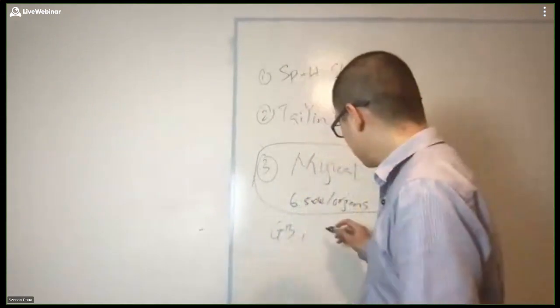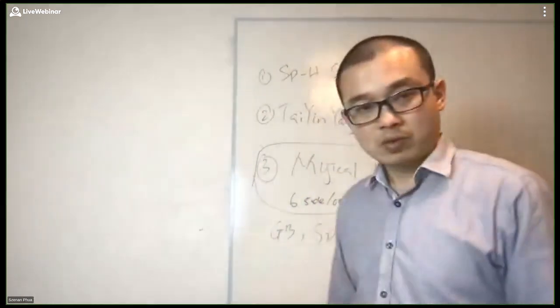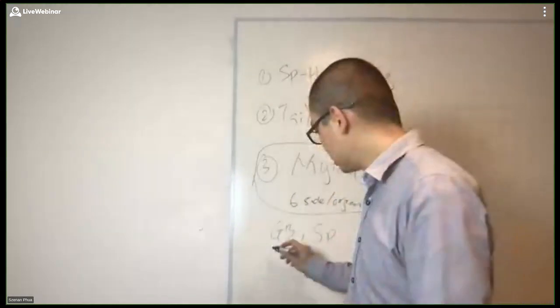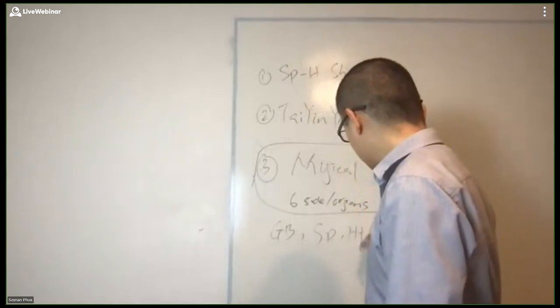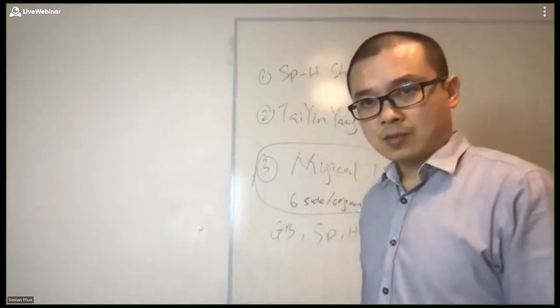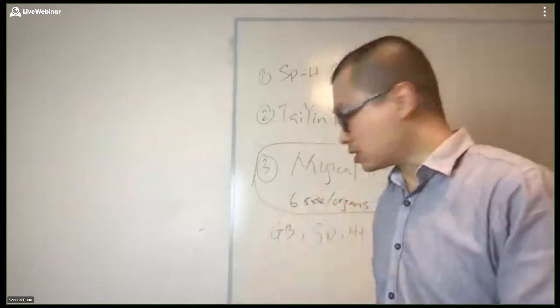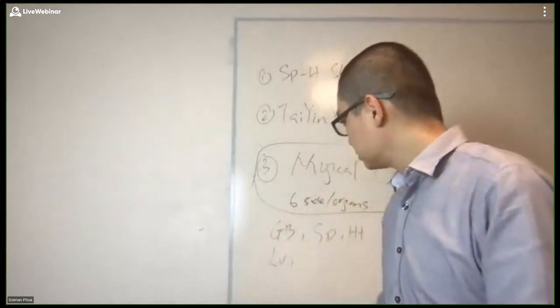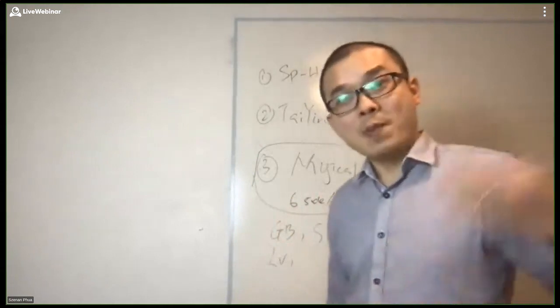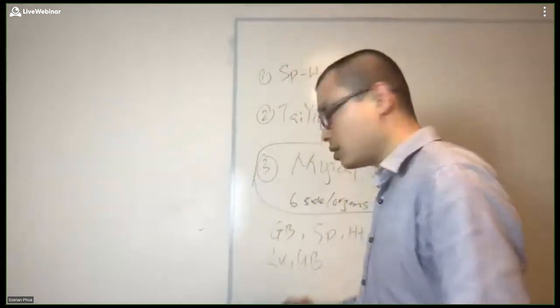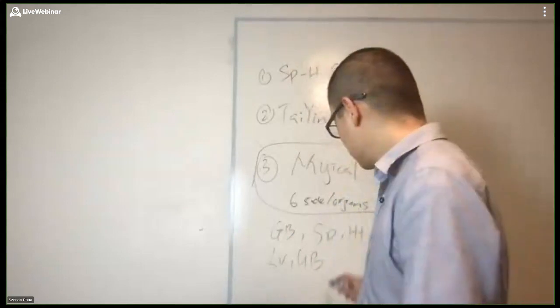Diarrhea, spleen, 2 meridians. Right. Can't sleep, heart issues. And they say, well, stress a lot, angry easily. I say, oh, liver. Okay. Lower back pain as well. So that is the UB meridian, the bladder meridian.